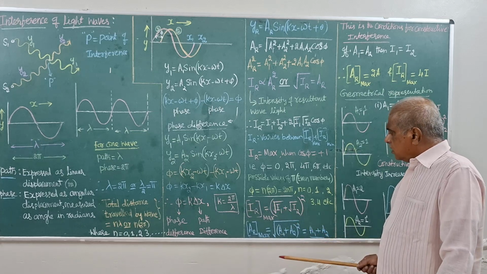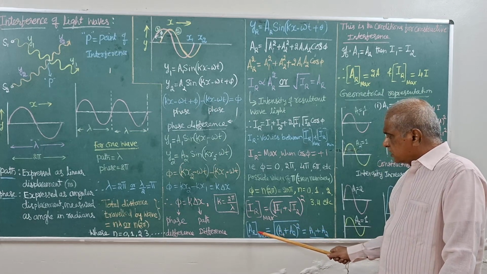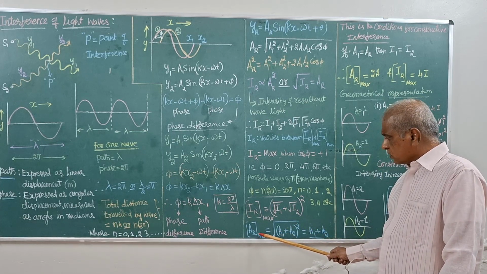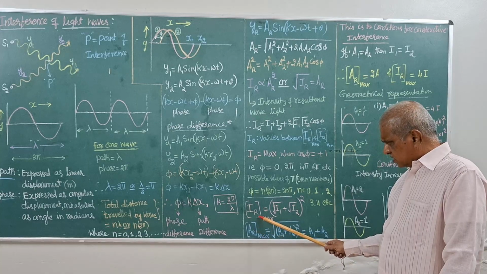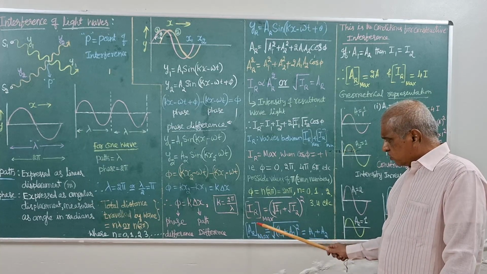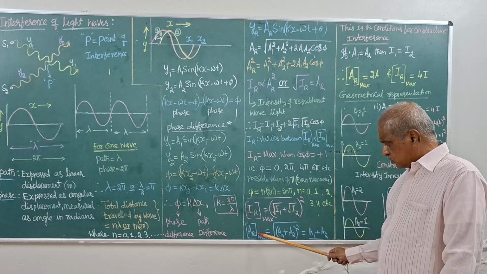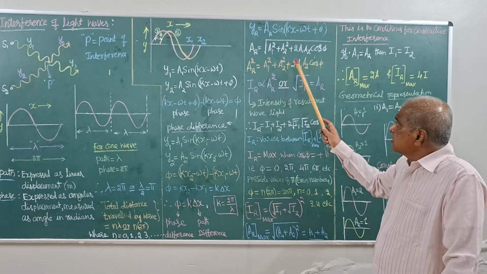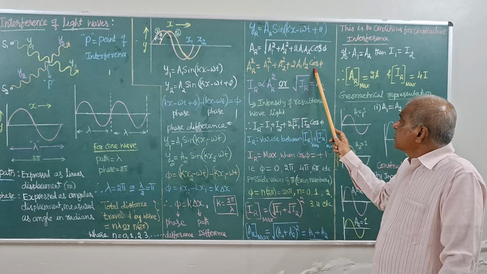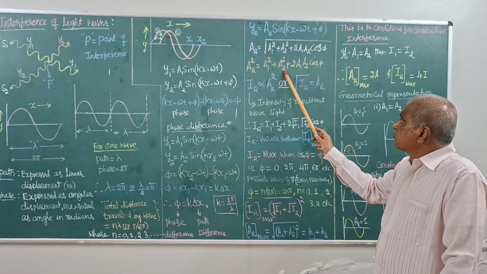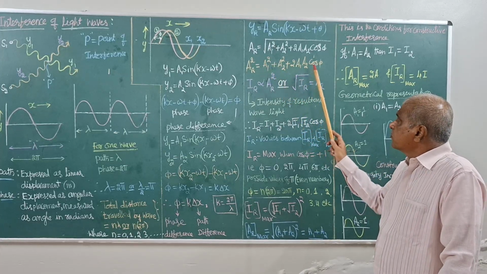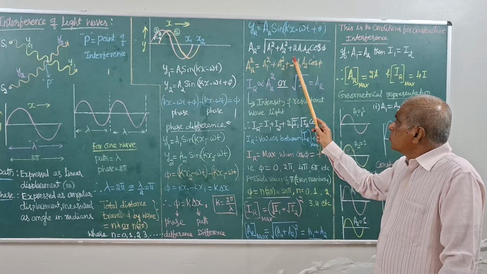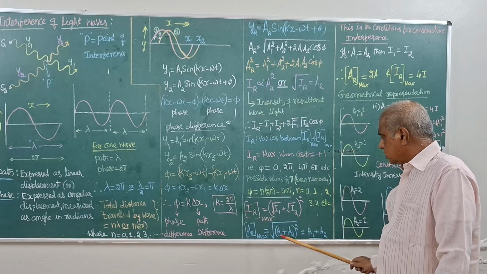And similarly for resultant amplitude, this is maximum I. What would be the maximum amplitude? You can use the same amplitude. When cos phi equals plus 1, it reduces to this. This is of the form a1 plus a2 whole square under root.